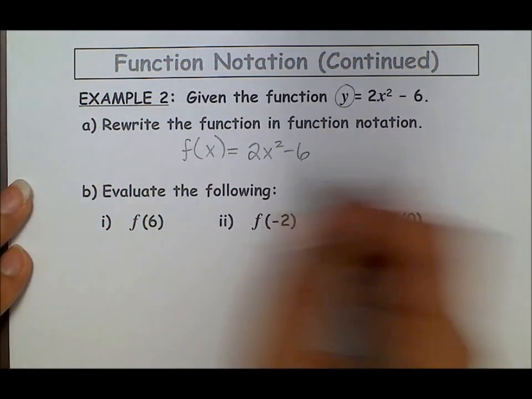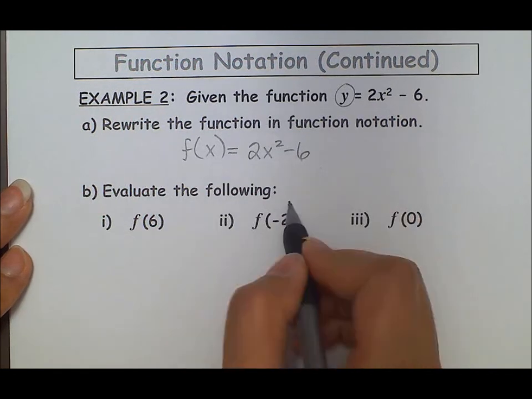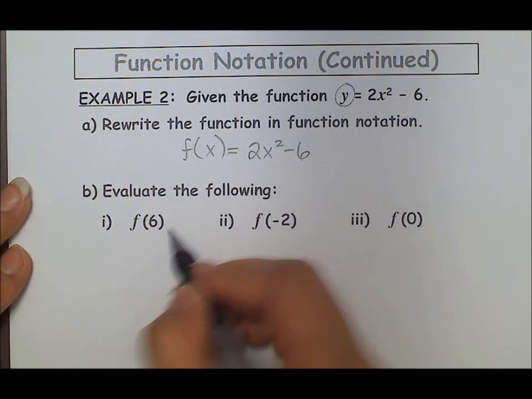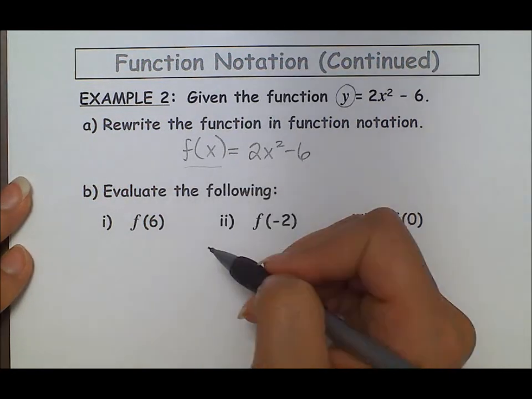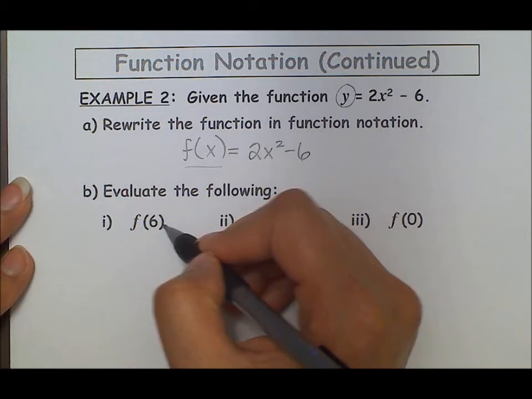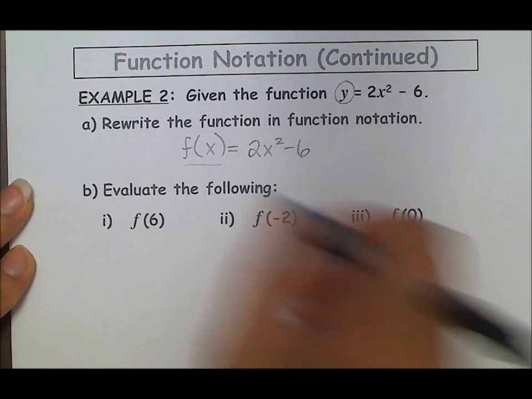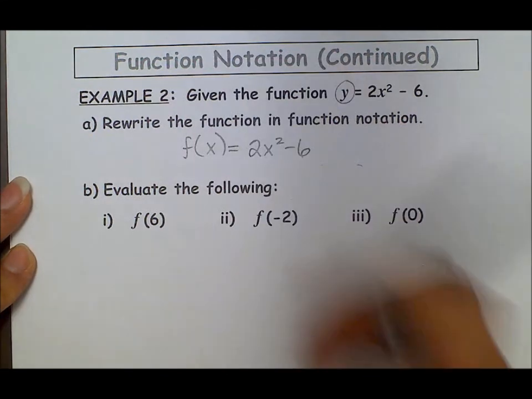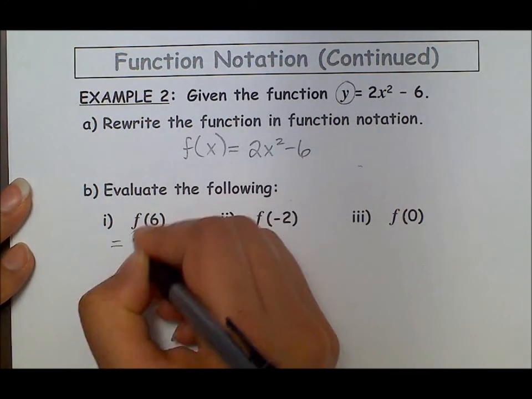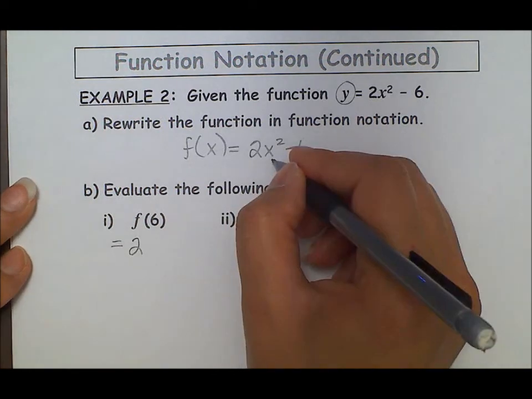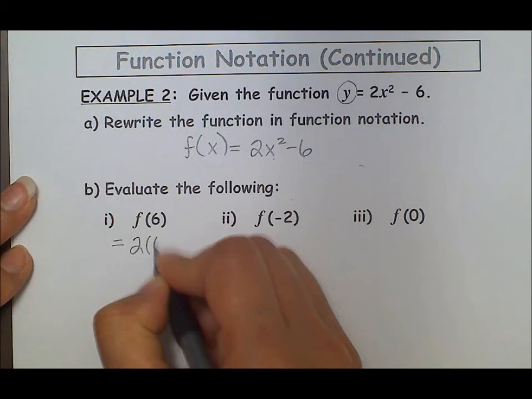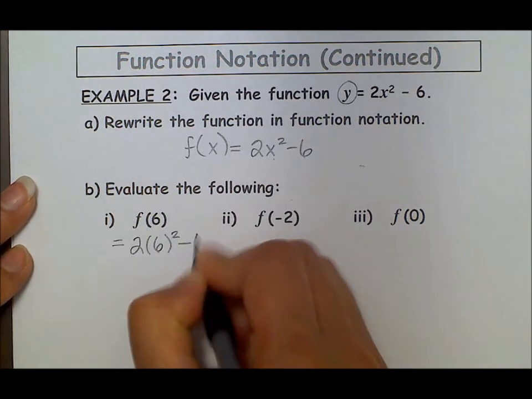Okay, now that it's in function notation, we can evaluate the following. What you'll notice here is that this says f of 6. And if you compare it to what we had before, all we've done is replace the x with 6. That's what we're going to do to the right-hand side as well. So we know f of x is equal to 2x squared minus 6, which means f of 6 would be equal to 2 times 6 squared, since the x was replaced with a 6, and then minus 6 at the end.